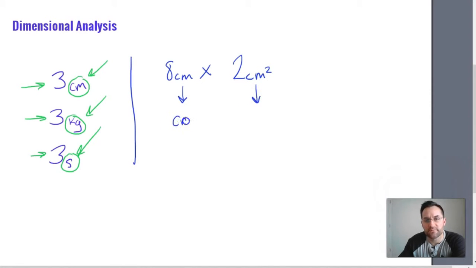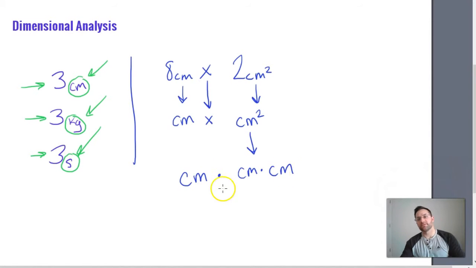So we have centimeter. The operation that we're being told to do is multiply, right? And then we have centimeters squared, which can be rewritten or factored out as centimeter multiplied by centimeter, right? So now we have centimeter times centimeter times centimeter. We can put an X there if that's better for you.